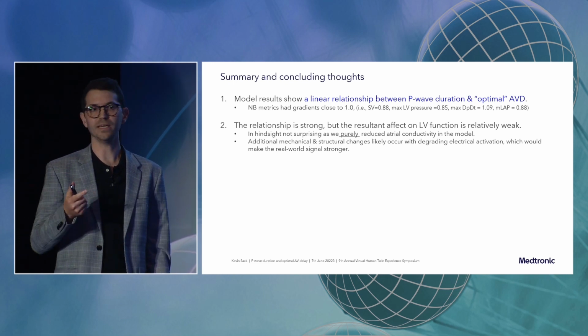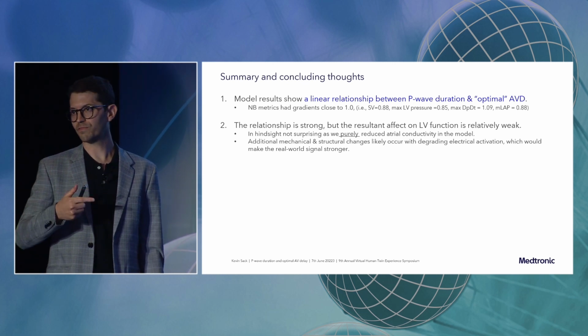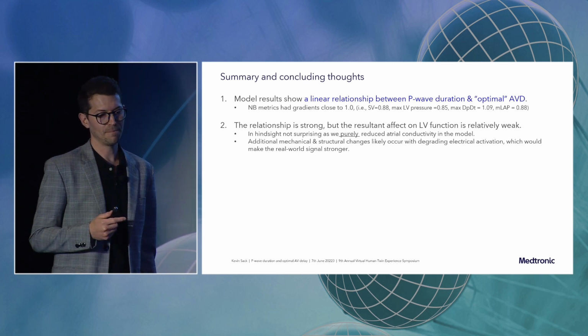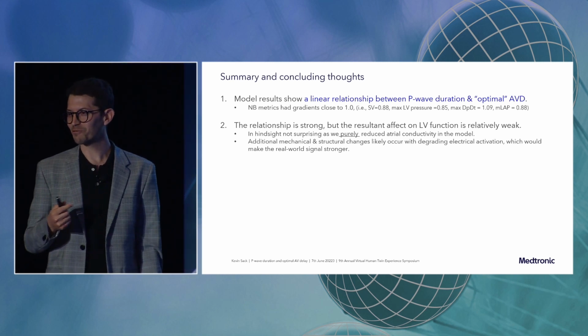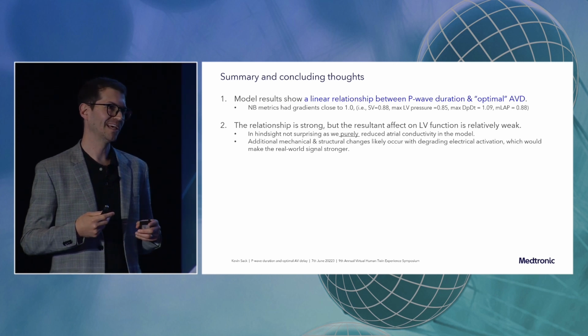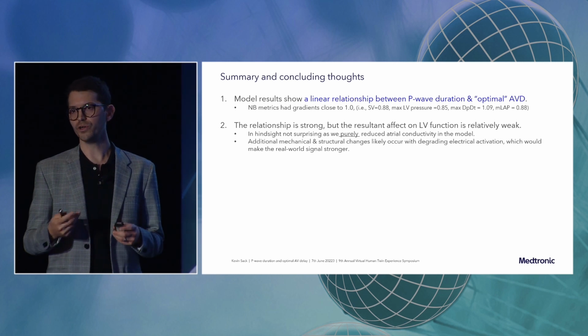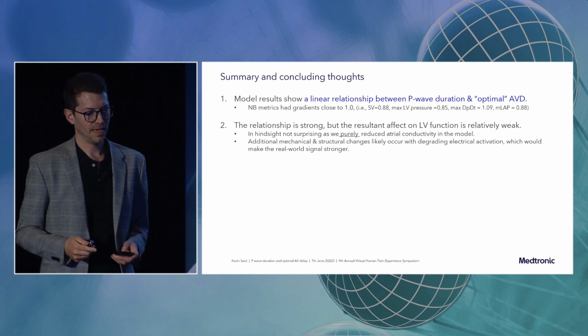For the LV stroke volume, you saw maybe an adjustment of 5 milliliters. And that's not too surprising, because we just changed the electrical function. We didn't alter any of the mechanical or structural parts of the model, which would, in a normal patient, degrade along with the electrical activation.